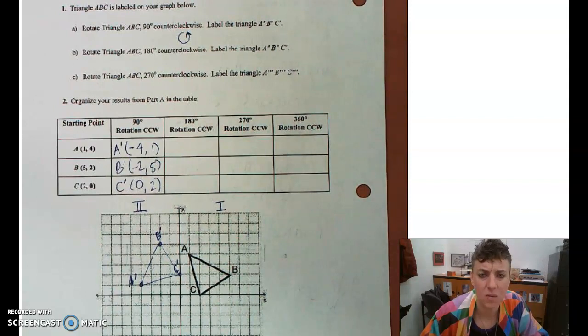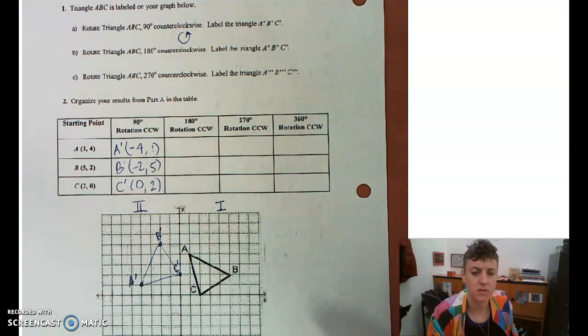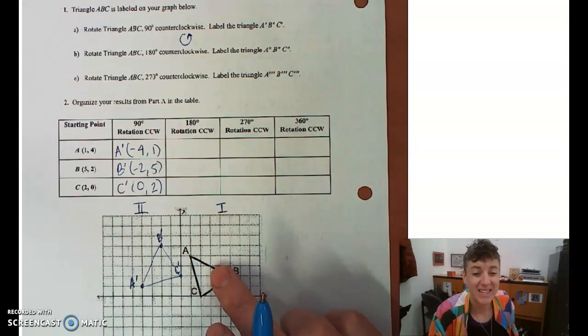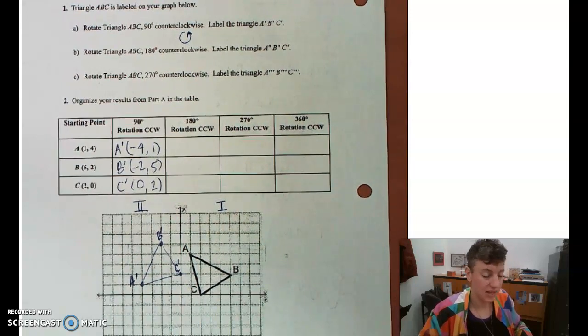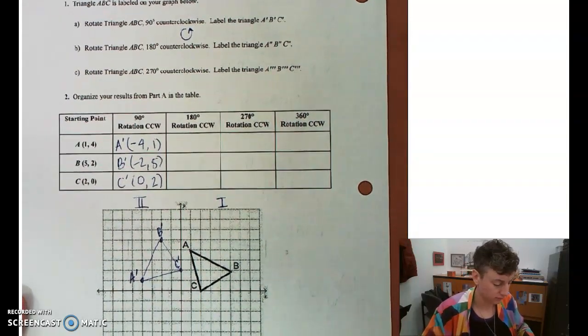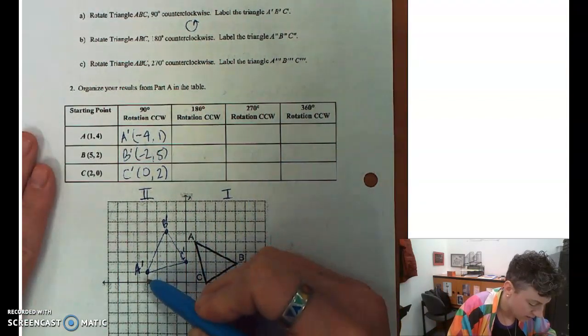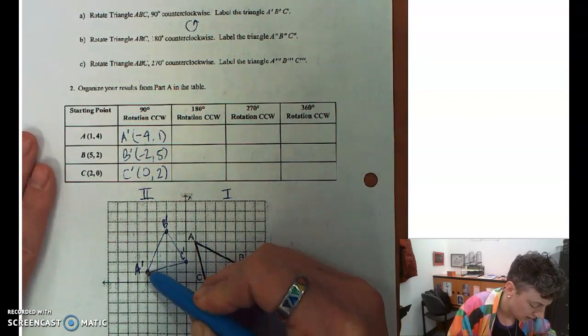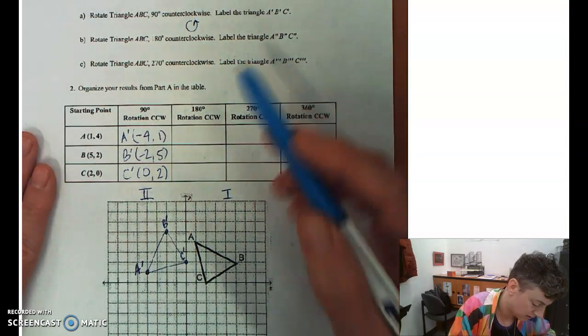Let's rotate it now 180 degrees counterclockwise from its original, or 90 more degrees from that second triangle that we made. So we're going to keep on going. A prime was at -4, 1. A double prime is what we're calling this, at 180 degrees counterclockwise.